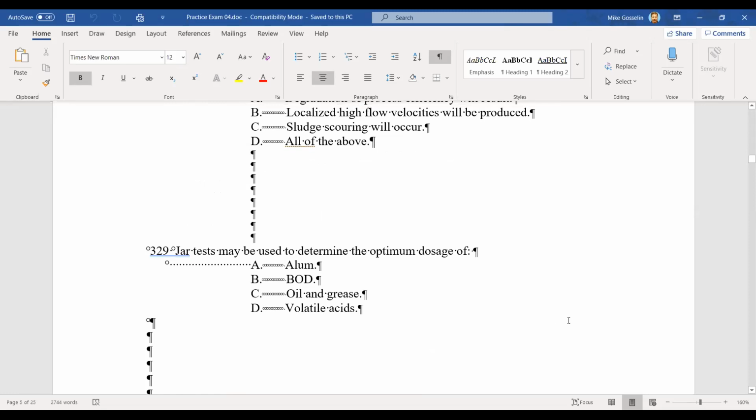Jar tests may be used to determine the optimum dosage of... Yep, that's correct, alum.